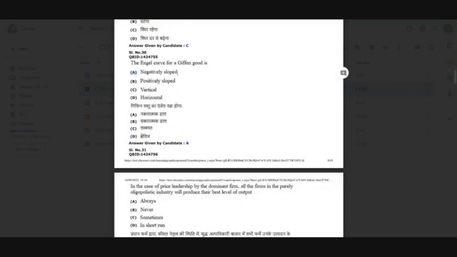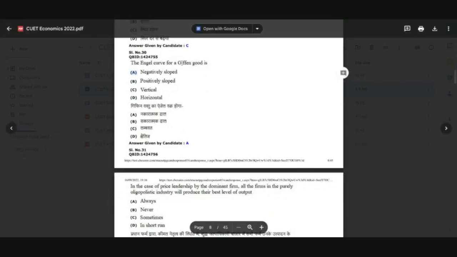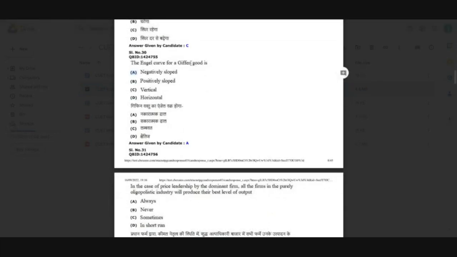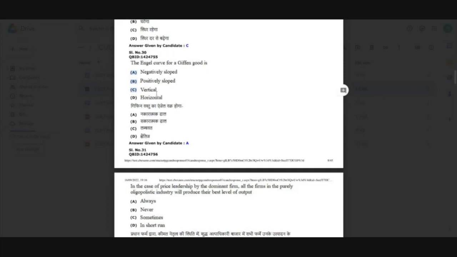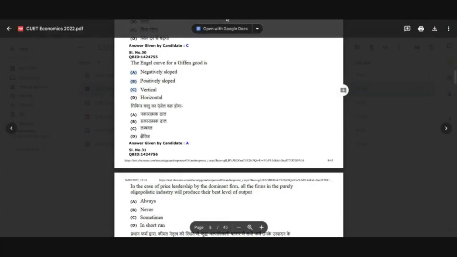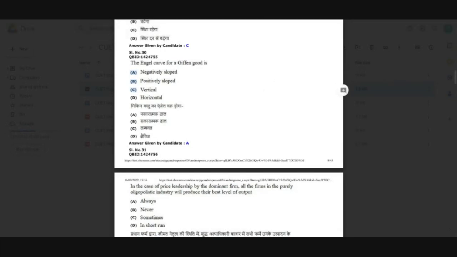We also discussed that there are three different types of goods: Giffen goods, normal goods, and inferior goods. This question is based on the application of the Engel curve for a Giffen good. So it's very important that we understand what Giffen goods are and what their properties are.